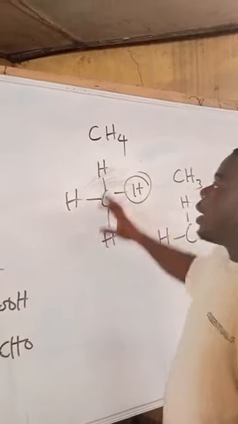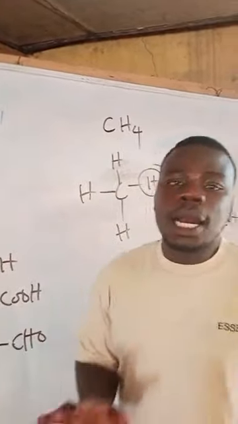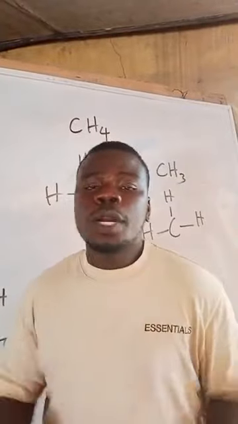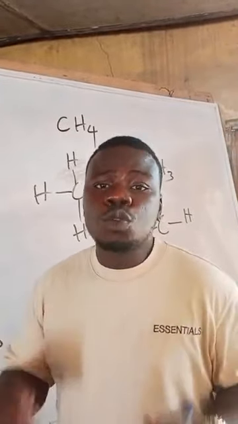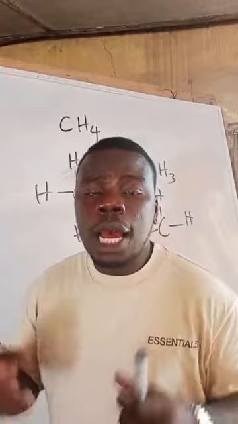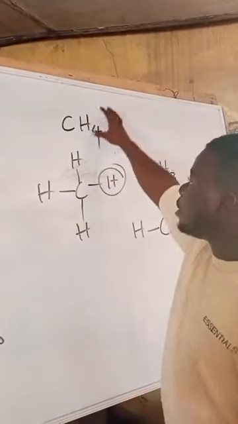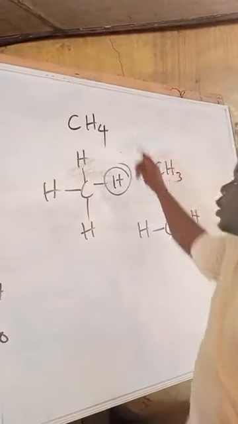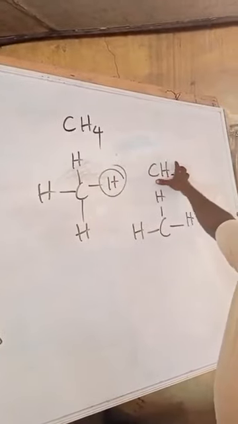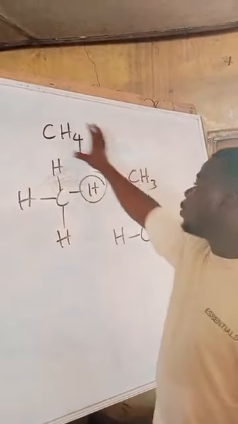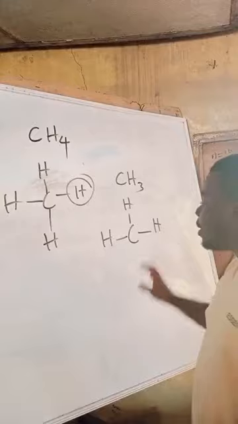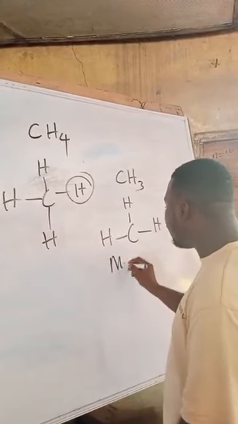So an alkyl group is formed whenever an alkane loses one hydrogen atom. Like in this case, you see that methane loses one hydrogen to give us CH3 instead of CH4. You have CH3. So this is now what? A methyl group.